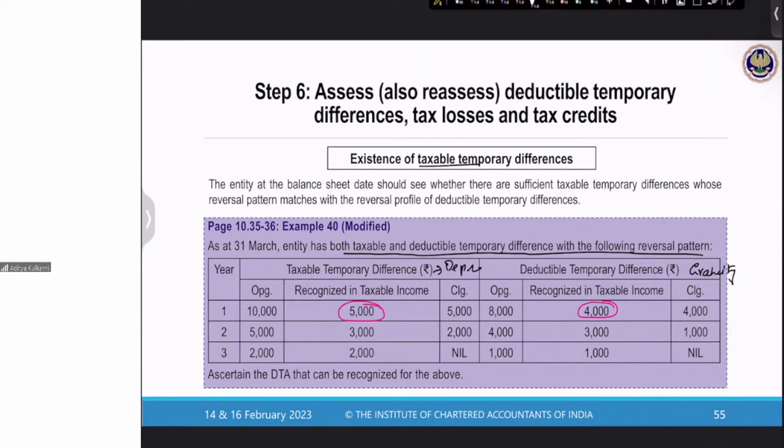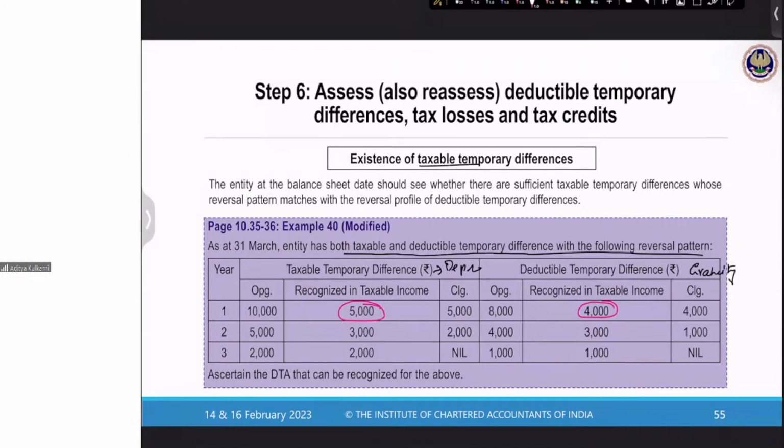Against that going up of 5,000, my gratuity will be paid of 4,000. I still have a taxable income of 1,000. Yes or no? That means, is my reversal pattern of the taxable temporary difference in the future matching the reversal pattern of the deductible temporary difference? Yes. As far as the first year is concerned, yes.